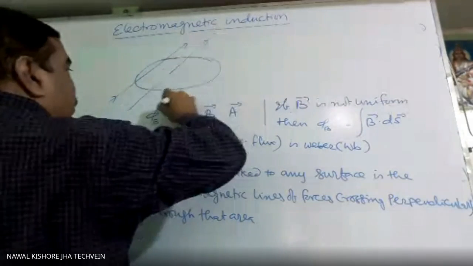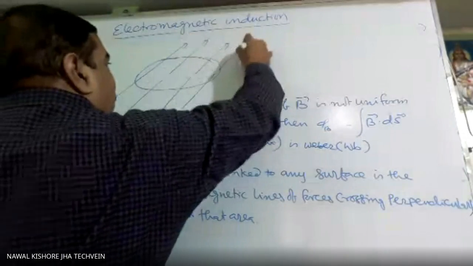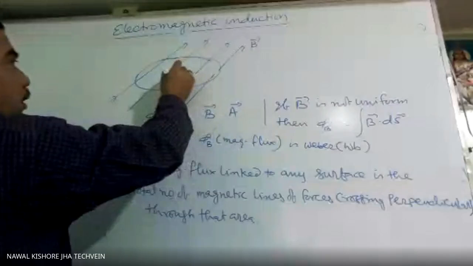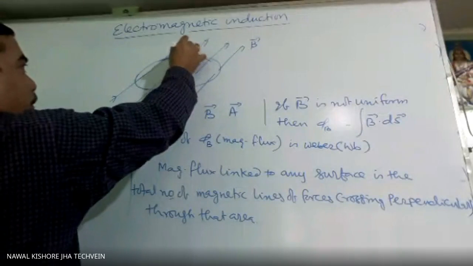It may not be uniform also. Suppose this is B, the area vector will be perpendicular to the loop.